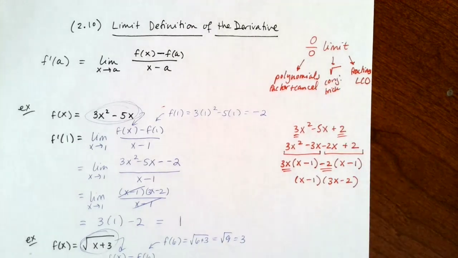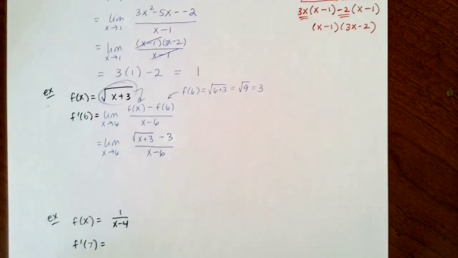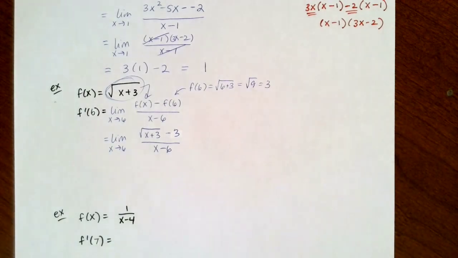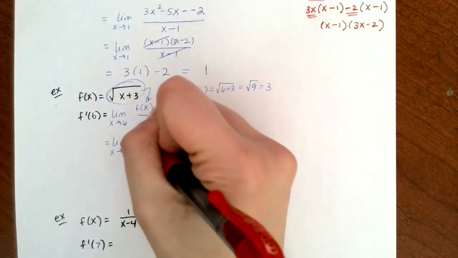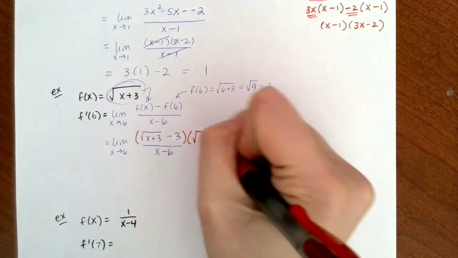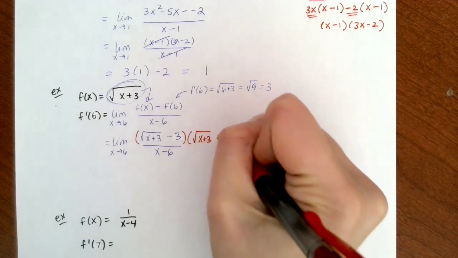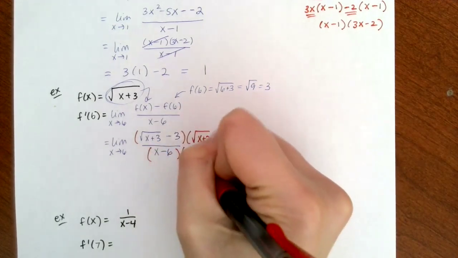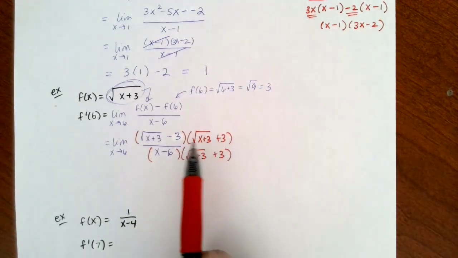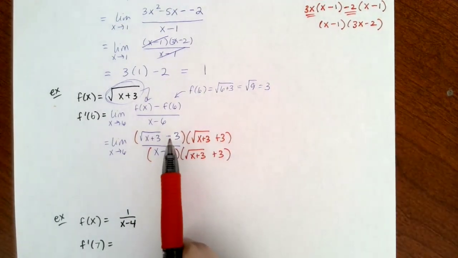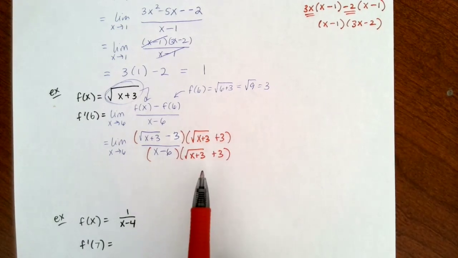So I'm going to do the conjugate trick in this example. So I want to multiply and divide by the conjugate of the square root part. So that's going to be square root plus 3, top and bottom. So this is the conjugate of that because I'm switching the subtraction between the terms to addition.